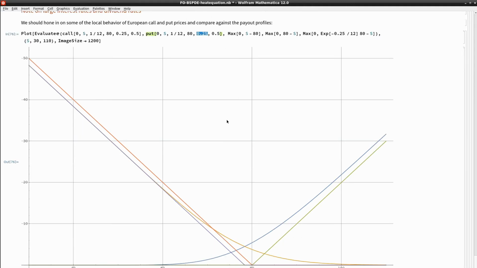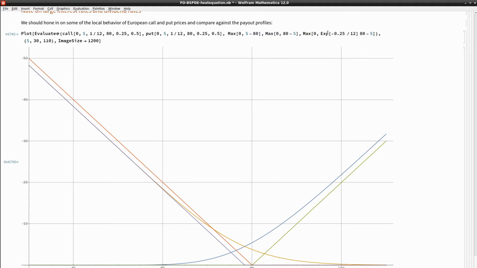So what we see here is that the European put price, and that is orange, at some point in time undercuts the payout profile, that is the red curve. But it doesn't go down all the way to 0. There is a lower limit, and that lower limit is the discounted payout profile here.